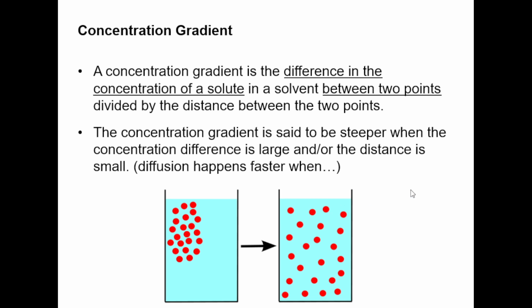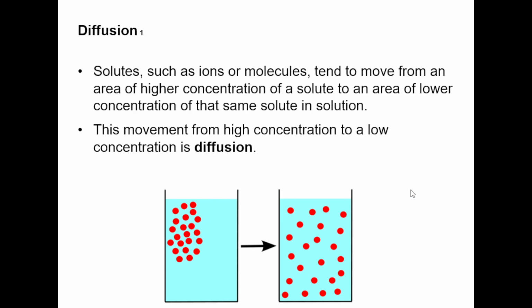What this means is that diffusion happens faster when the concentration gradient is large or when the distance is small. Okay, let me explain that in a while. So basically, diffusion is the movement of solutes. Remember that. Diffusion is the movement of solutes from an area of high concentration to an area of lower concentration.